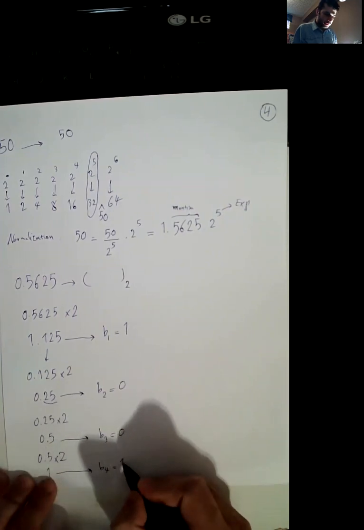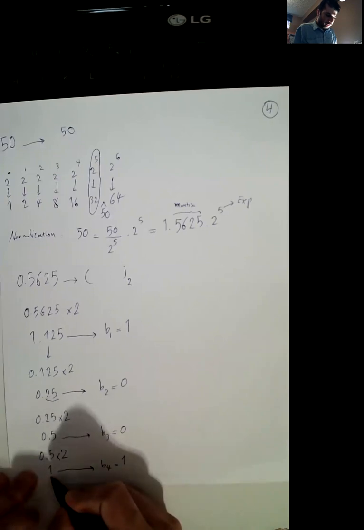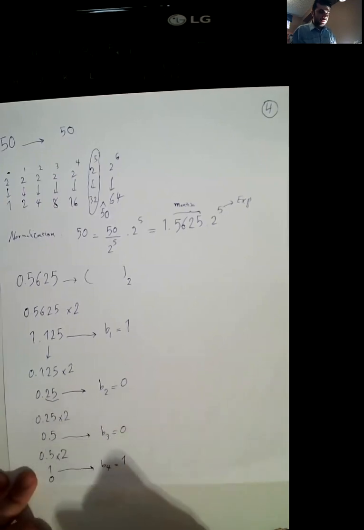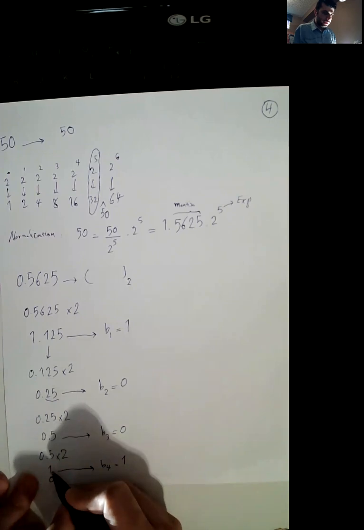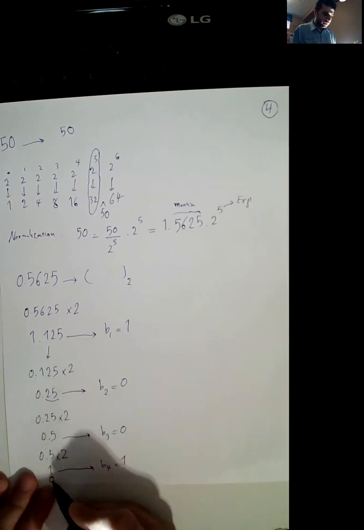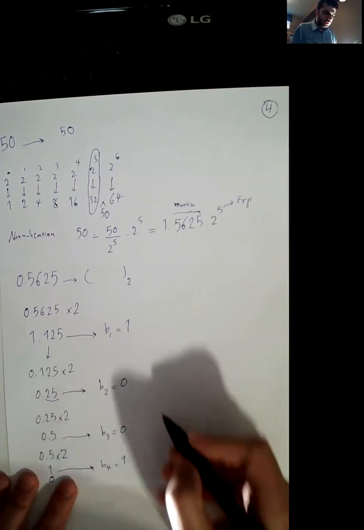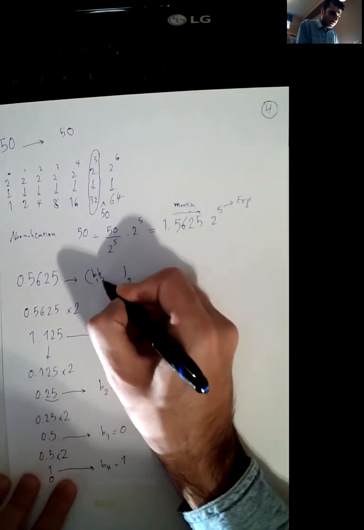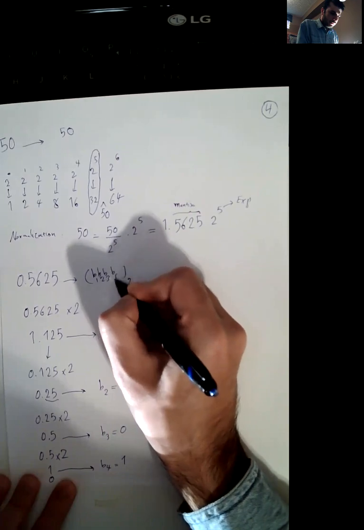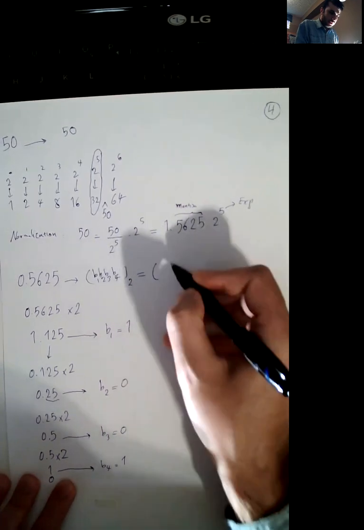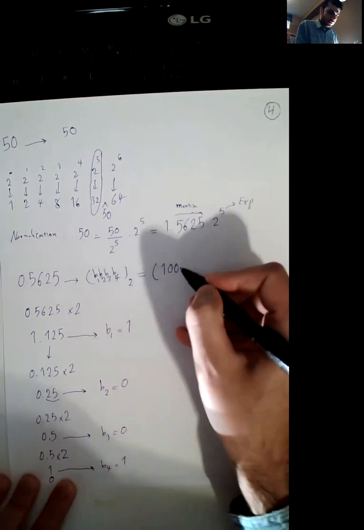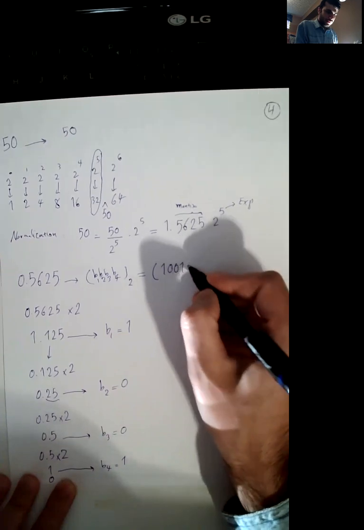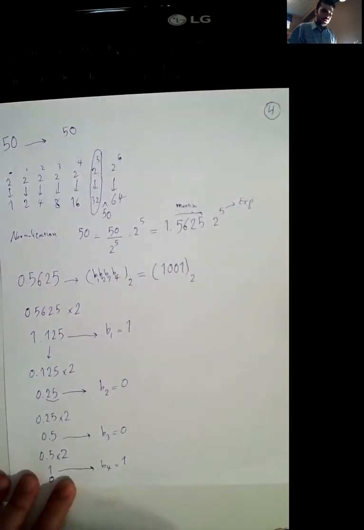We write the integer, which is 1, and here we write the fractional part, which is 0. Once the fractional part is 0, we stop the computation. The answer is here b1, b2, b3, b4, which means 1001 in base 2.